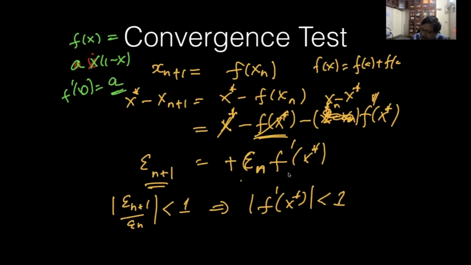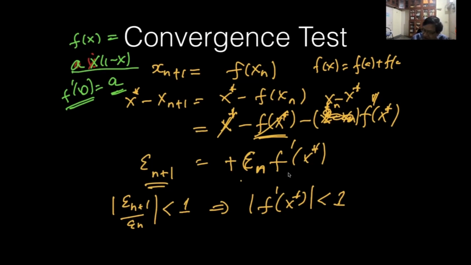Now for a greater than 1, the slope will be greater than 1. In that example, a was 2.5. So that means x star equal to 0 is an unstable fixed point. It is not going to converge. Okay, so that's the reason.